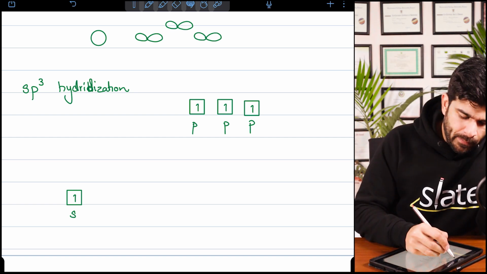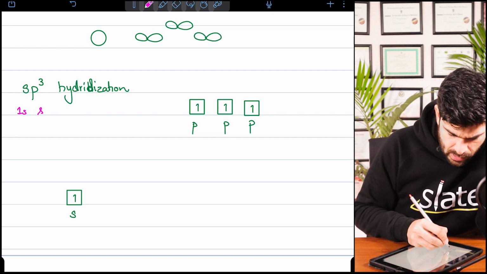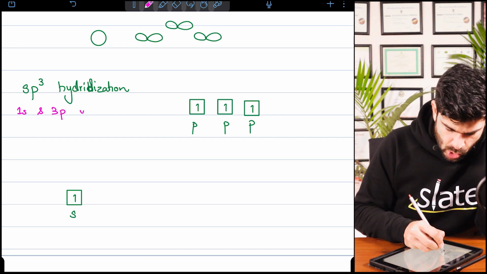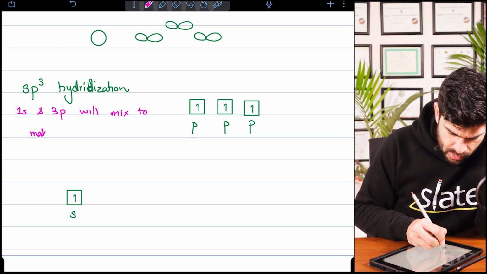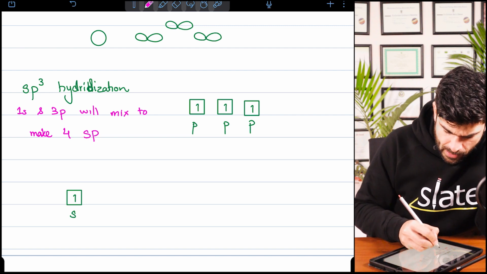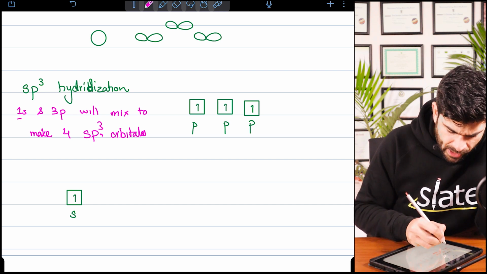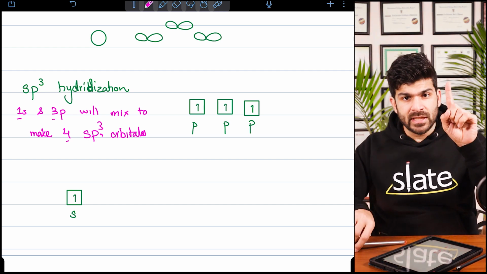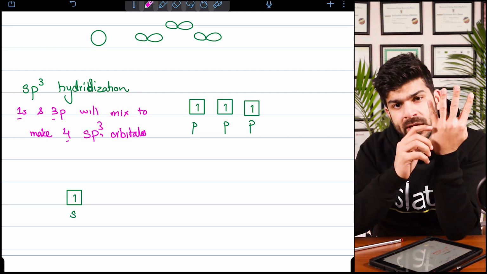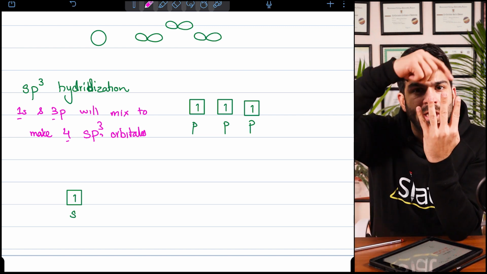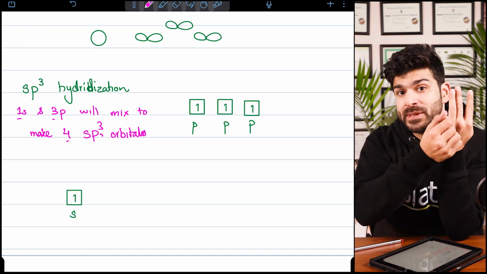But sp3, by sp3 we mean 1s and 3p orbitals will mix to make 4 sp3 orbitals. 1, 3 and 4 are the quantity. 1s and 3p will mix up and make 4 new orbitals of different shape. 1, 2, 3, 4. And each one of them will be called sp3, sp3, sp3, sp3.